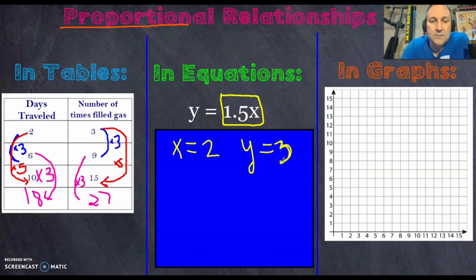Look familiar? Yeah. Go look over here. Okay. What if x was 6? Look at right here. Multiply across. What do I multiply by to get 6 to 9? y equals, did you guess 9? Good.